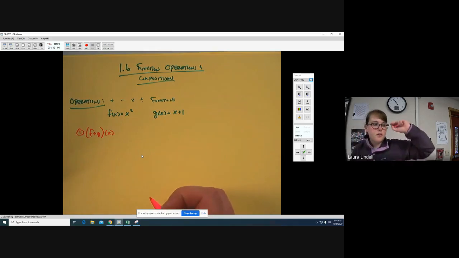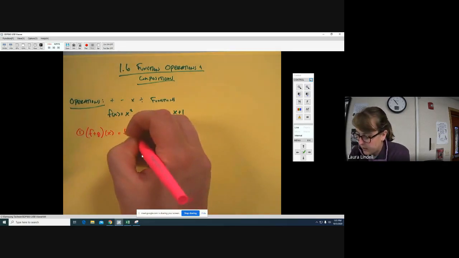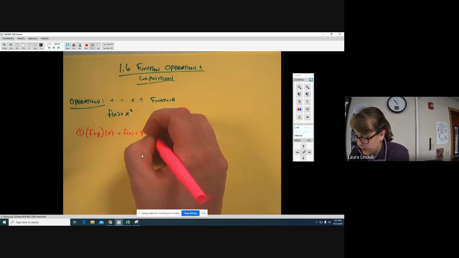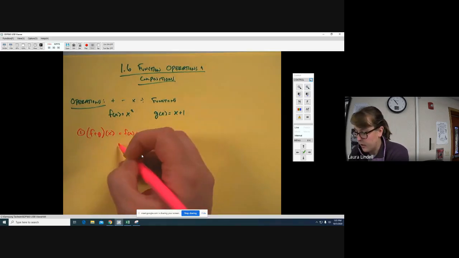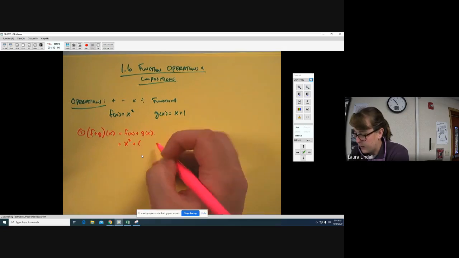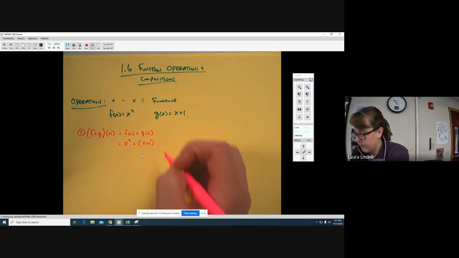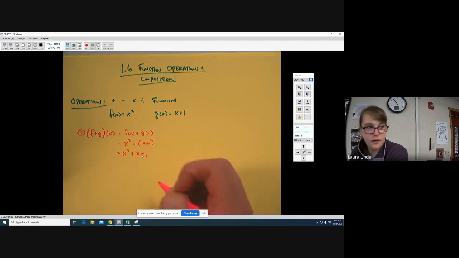Okay. So for f plus g of x, we are just adding the two functions together. This is the same thing as going f of x plus g of x. So f of x was x squared. g of x was x plus 1. So we get x squared plus x plus 1.